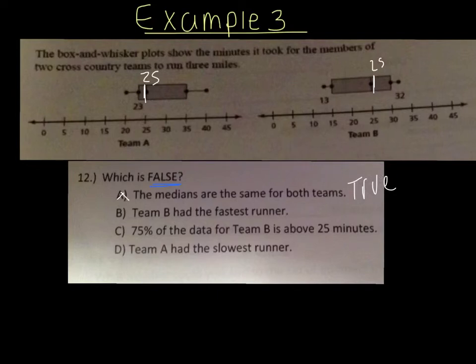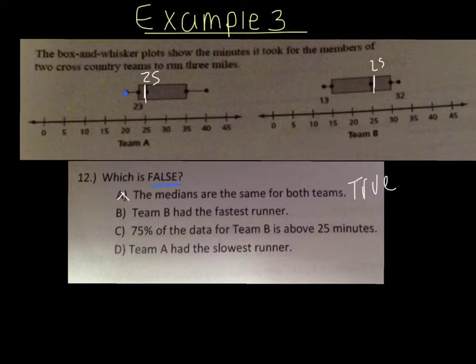B says, Team B had the fastest runner. Now, I know that when it comes to running, the shorter the time it takes you, the faster you are, right? So even though your tendency is to look for the biggest number, keep in mind we're talking about running. So the fastest runner is the person who has the smallest time. And so I looked for which minimum is lower.